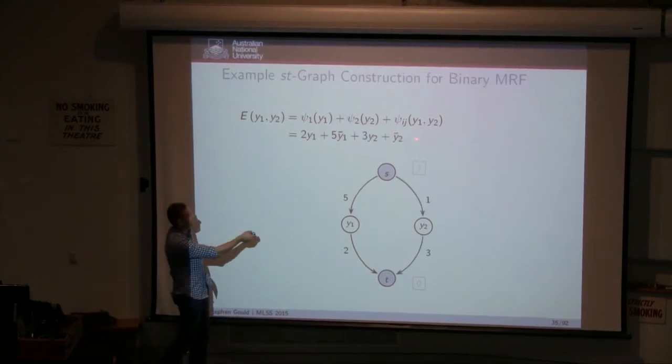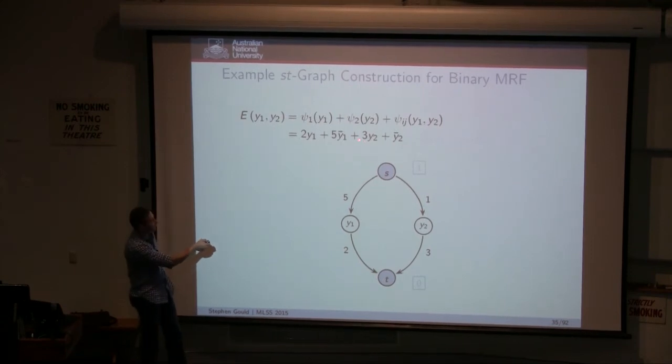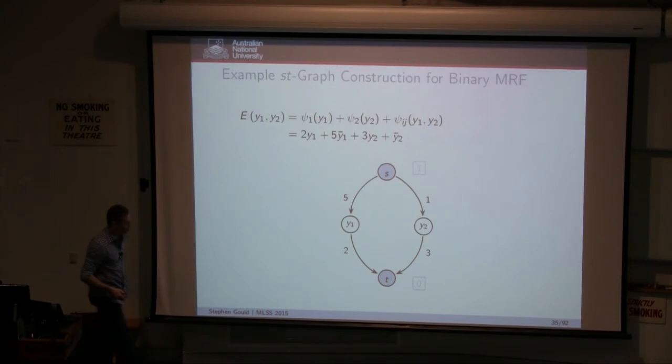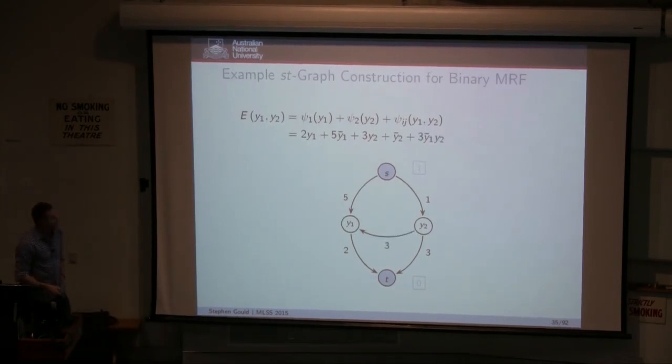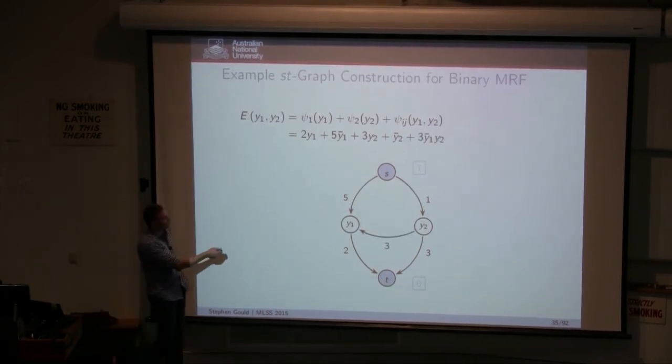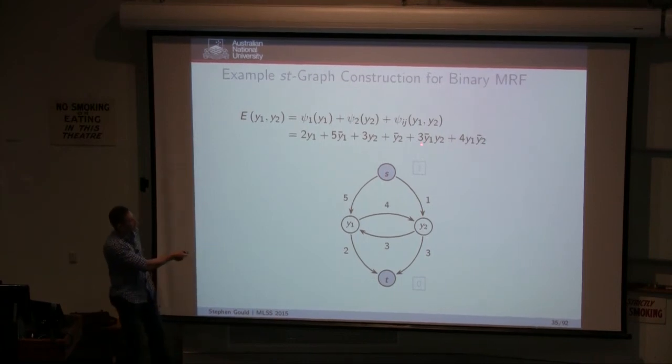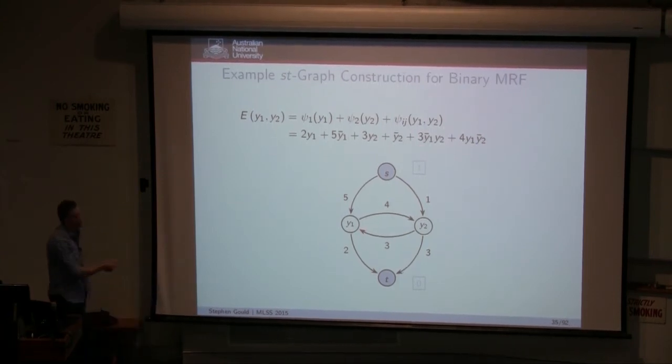I can do exactly the same thing for the next term. So 3 times Y2 plus Y2 bar. I'm going to add an edge of weight 1 between S and Y2, and an edge with weight 3 from Y2 to T. And then finally, for the last two terms, I add an edge whose tail starts at the non-barred variable and whose head terminates at the barred variable, with weight equal to the coefficient.